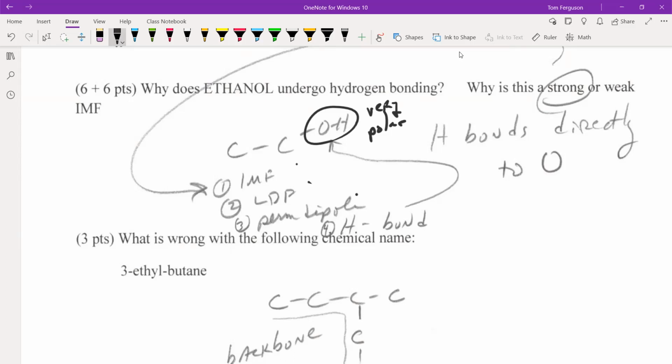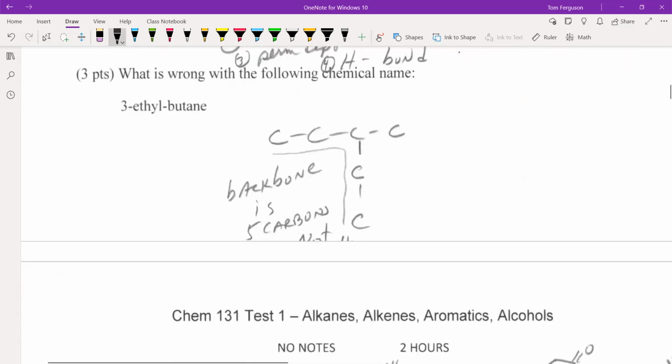But the main thing is hydrogen bonding requires an OH group. And then the hydrogen is partially positive, the oxygen is partially negative, and they attract one another. That's where the hydrogen bonding comes in. Okay.